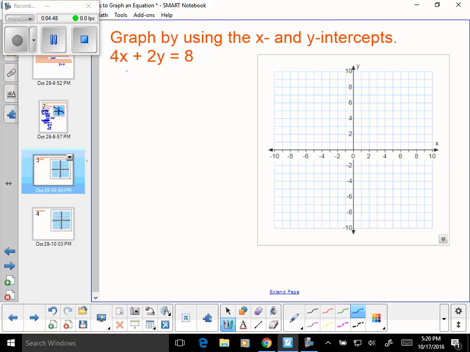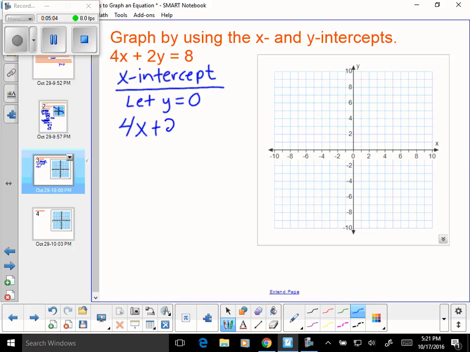I'm going to find my x-intercept first. Remember, that means I let y equal 0. 4 times x plus 2 times 0 equals 8. 2 times 0 is 0, so I have 4x equals 8.